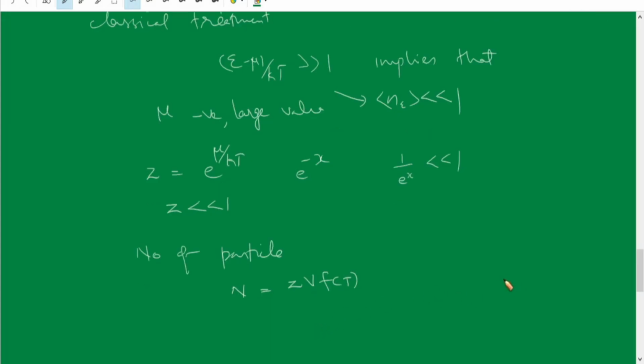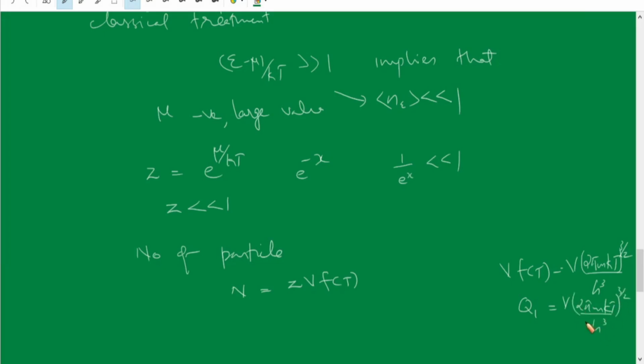For an ideal gas, it is V times (2 pi m kT) all raised to 3 by 2, divided by h cube. This is the single particle canonical partition function.